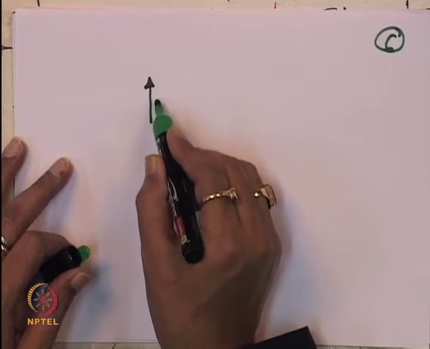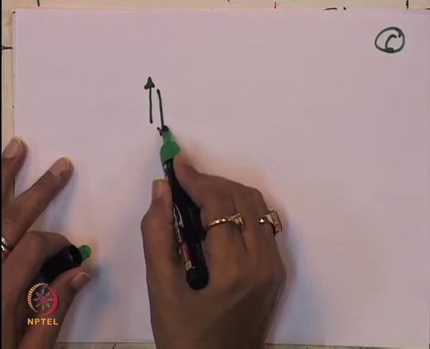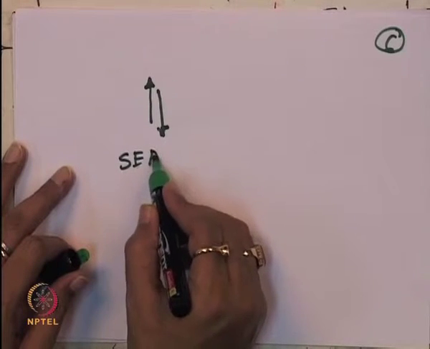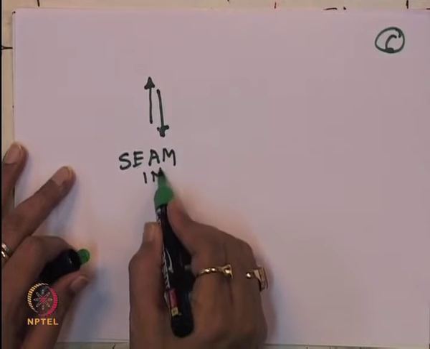So I am showing here what the behavior of the HDPE sheet and the seam will be. This material you can test like this, which you call the seam. It is a kind of joining, seam in shear.